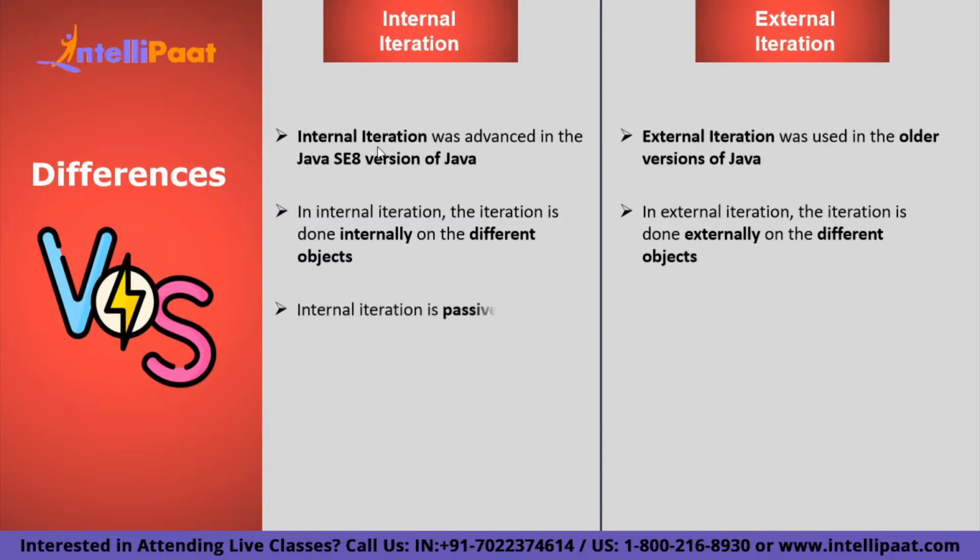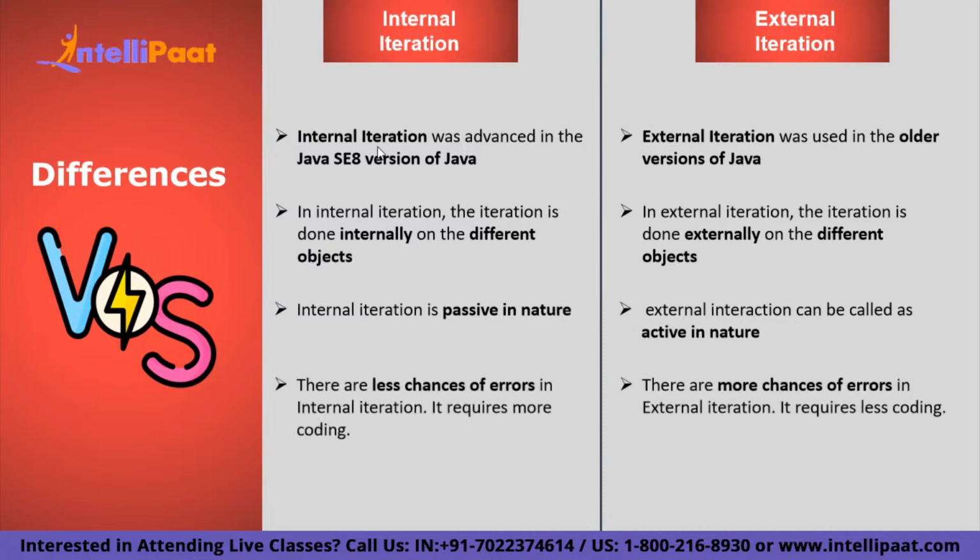Next difference is internal iteration is passive in nature, whereas external iteration can be called active in nature. The major difference between these iterations is that there are fewer chances of errors in internal iteration, whereas there are more chances of errors in external iteration. But external iteration requires more amount of coding and internal iteration requires less amount of coding.